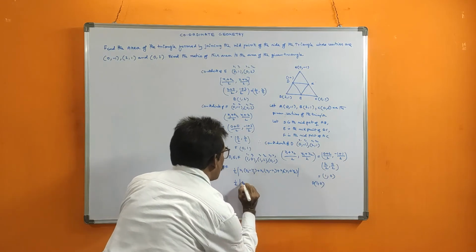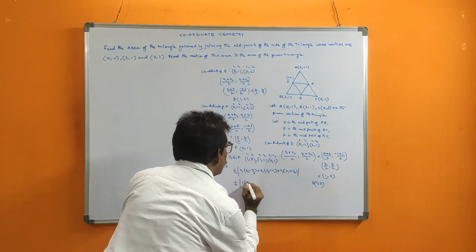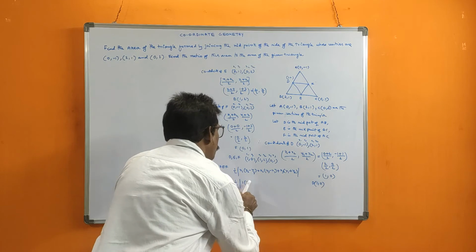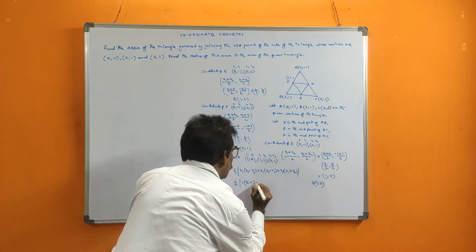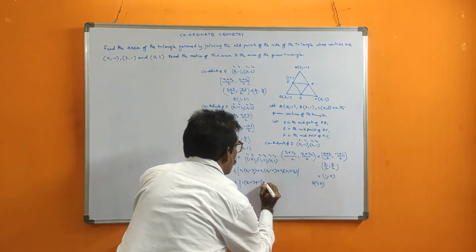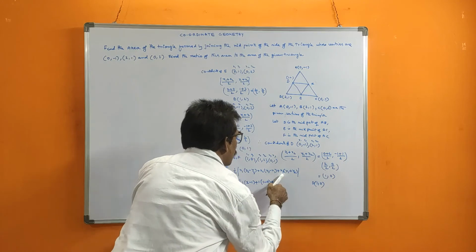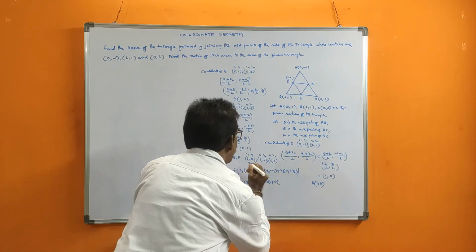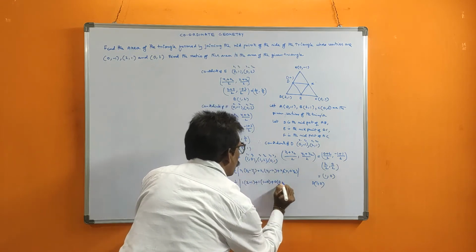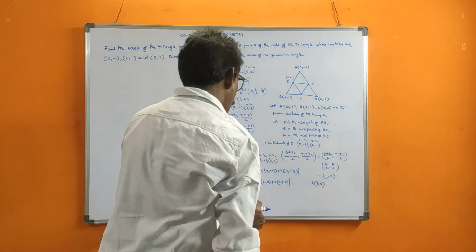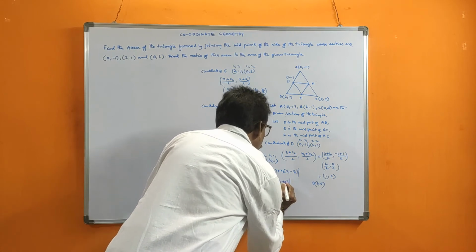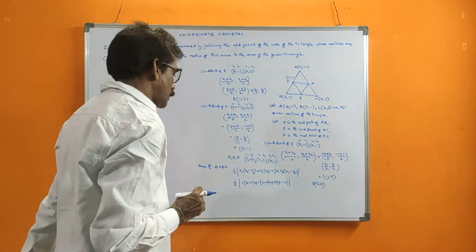Half of mod, x1 is 1 into (y2 is 2 minus y3 is minus 1) plus x2 is 1 into (y3 is minus 1 minus y1 is 0) plus x3 is 0 into (y1 is 0 minus y2 is 2). Why did I write plus here or minus here? Okay, minus. Okay.